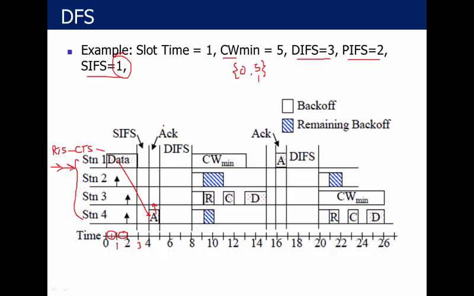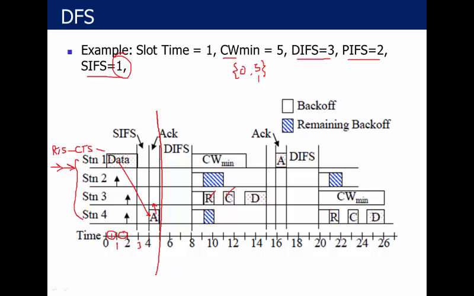Acknowledge takes time 1. So all the acknowledge, RTS, CTS takes time 1. Data, it depends, right? But SIFS in between should be 1 here.